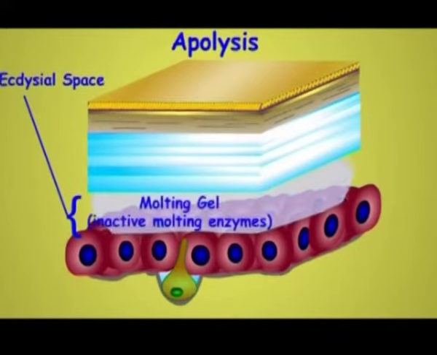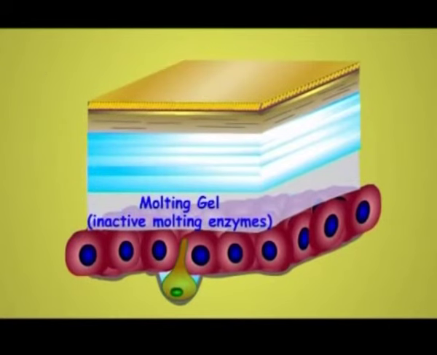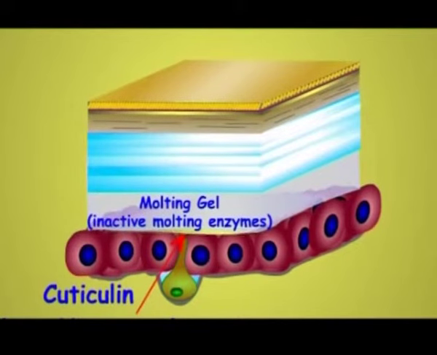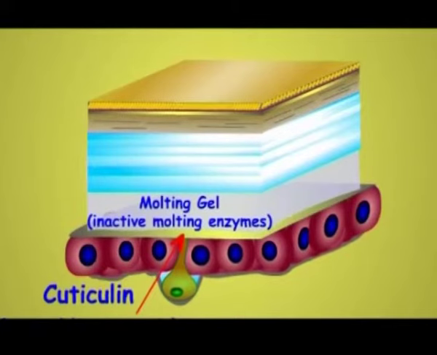But sometime later, epidermal cells generate a kind of polyphenol oxidase, which is transferred to the epicuticle through the pore canals and accumulates right beneath the epicuticle and reacts with tyrosine in the cuticle.